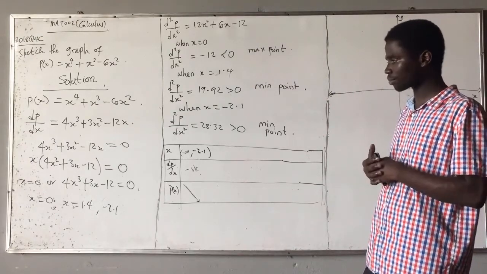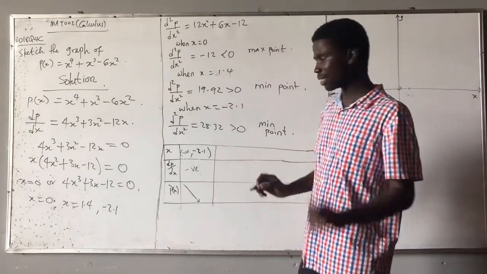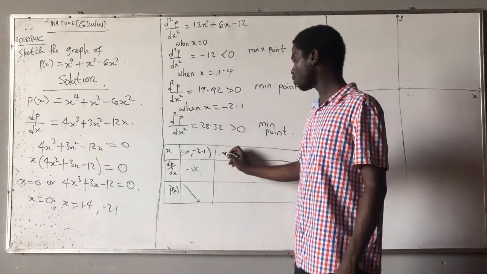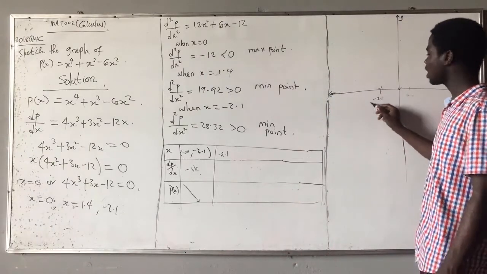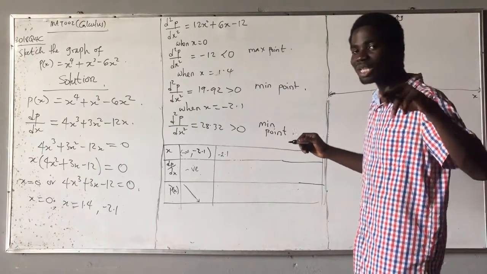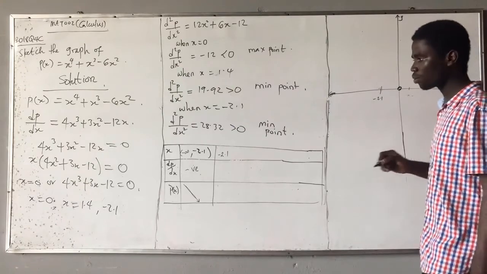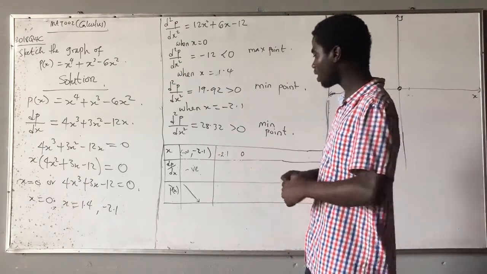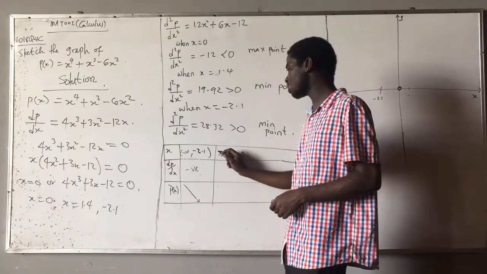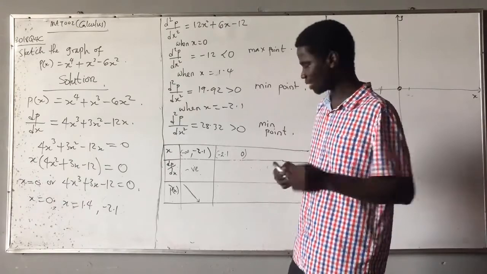Now, I'm done with that one. From minus 2.1, you go again and stop at the next stationary point. The next stationary point is 0, right? If you take any value between minus 2.1 and 0, what do you get?